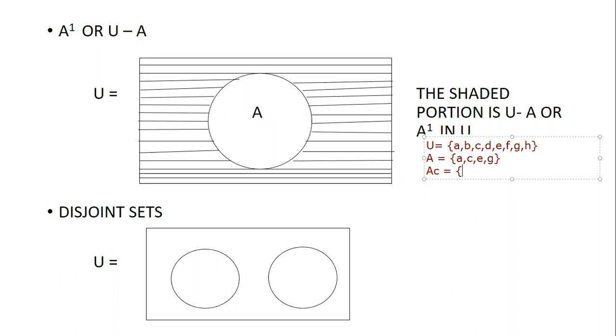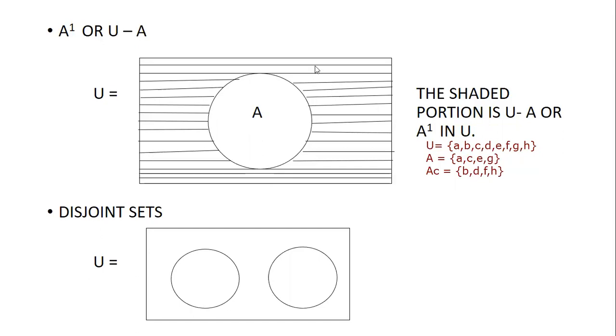A is already present. So B, C is there, D, E is there, then F, G is also there, H. So I can say A complement is equal to B, D, F and H. Now how do I represent the same thing in the Venn diagram here?